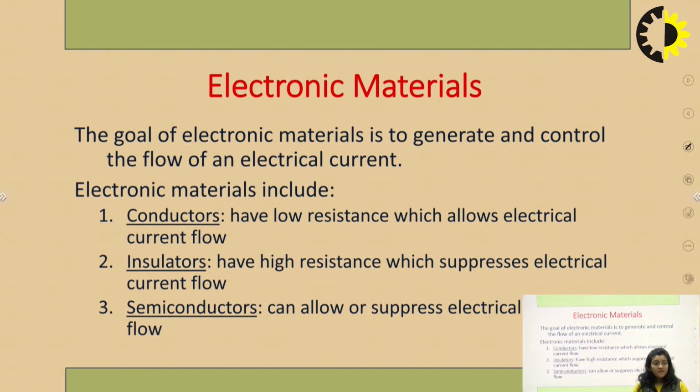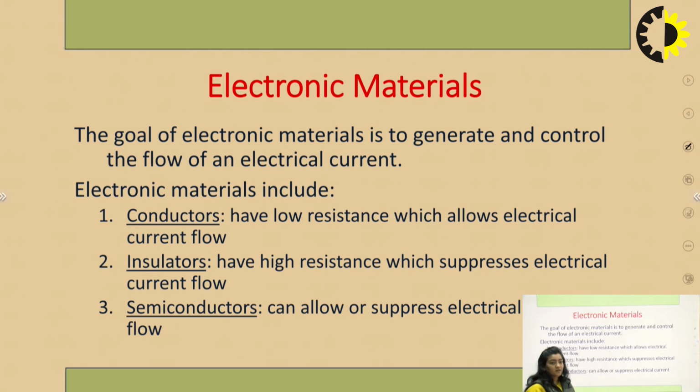So how can we distinguish electronic material? Electronic material is categorized into three different categories: first conductor, second insulator, and third semiconductor. Conductors, as the name suggests, exhibit very low resistance, which allows electric current to flow.